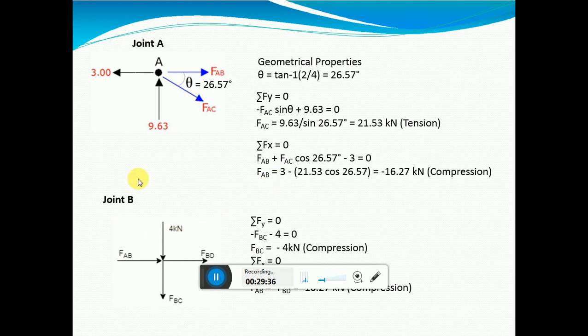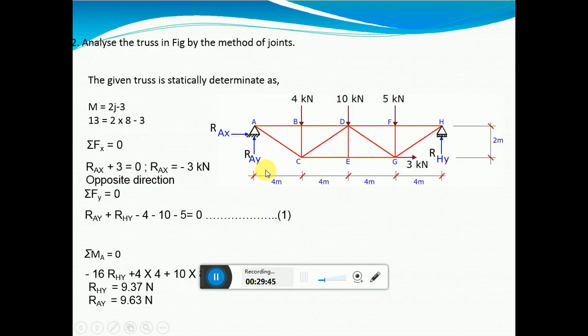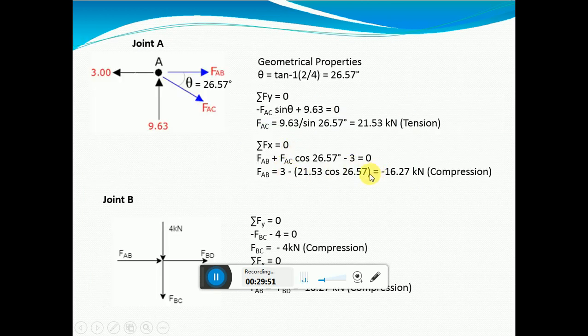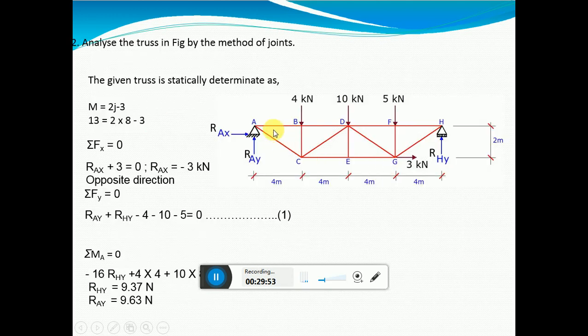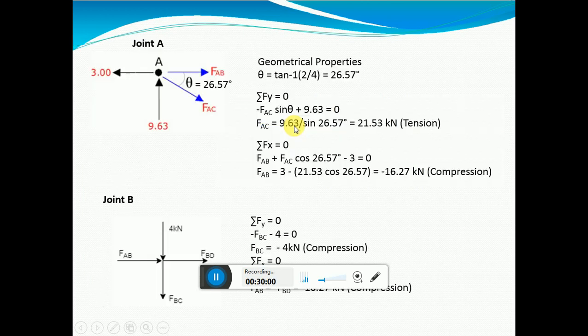So when I move to joint B, FAC I found as positive, and FAB is found as negative. So when I move to joint B, I should take care of the arrow mark.